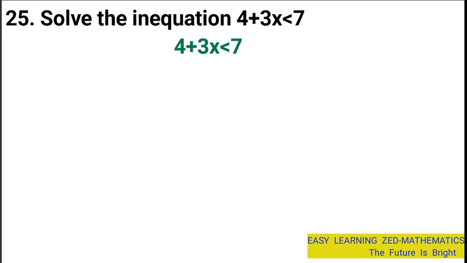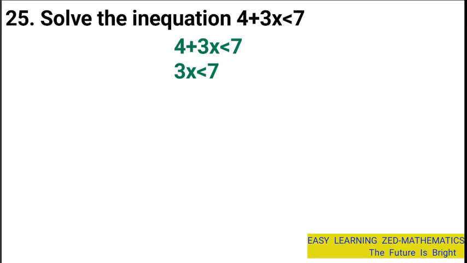The next step I'm going to do is put like terms together. That means 4 will cross the less than sign and come to the right side. So we are going to have 3x is less than 7 minus 4.